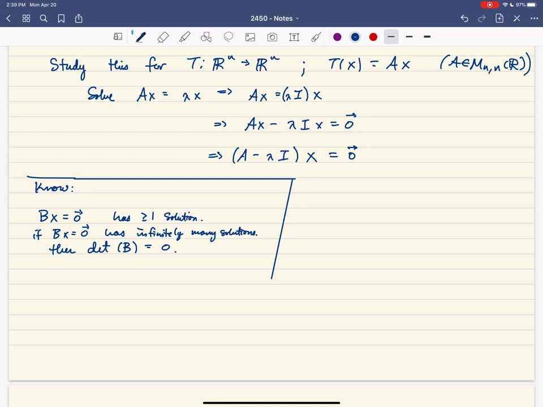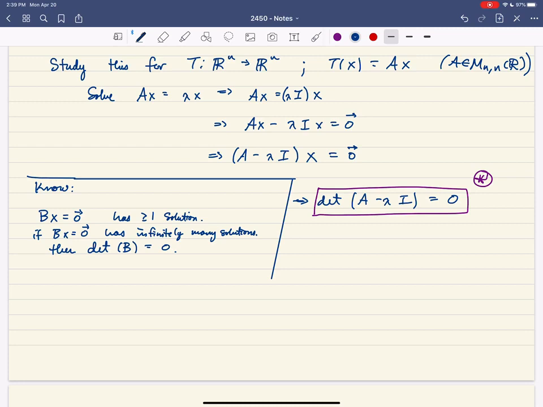What that means is that we want the determinant of A minus lambda I to be 0, and A minus lambda I is an n by n matrix, and we're just going to have to figure out what this is for generic matrices A. So this is going to be a pretty important equation for us.